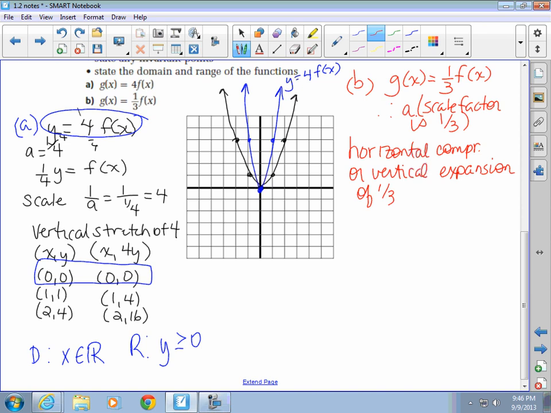So it's a horizontal compression or vertical expansion of 1/3 of that original function. So that means we're taking our x, y values and changing them so that x stays the same, but we're going to go 1/3 times y. So 0, 0, 1, 1, 2, 4.